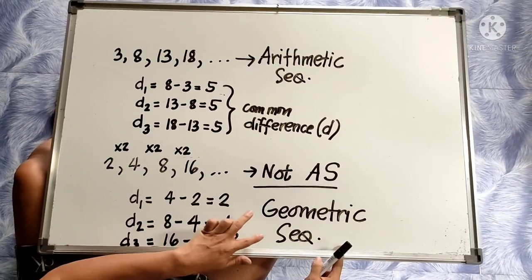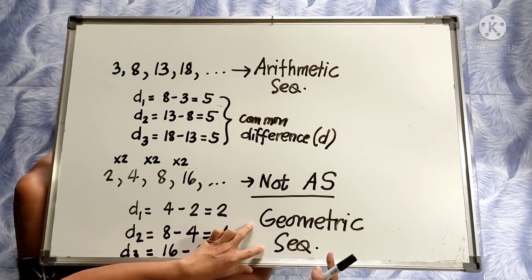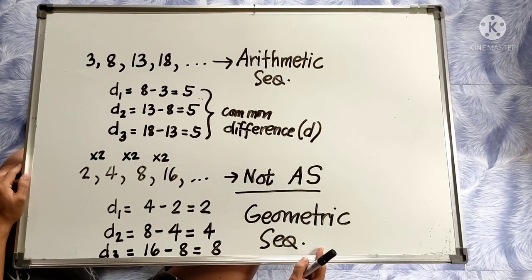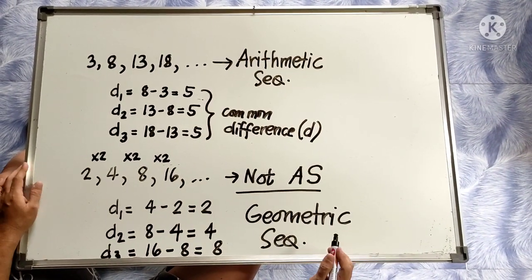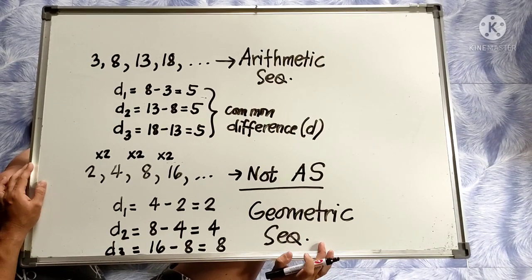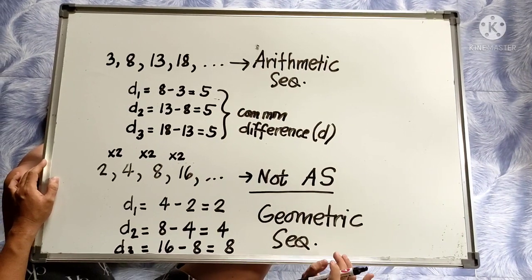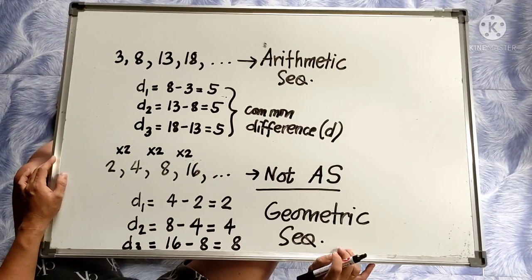So this is another special type of sequence. We call it geometric sequence. So what is a geometric sequence? It is a sequence that has a common ratio.